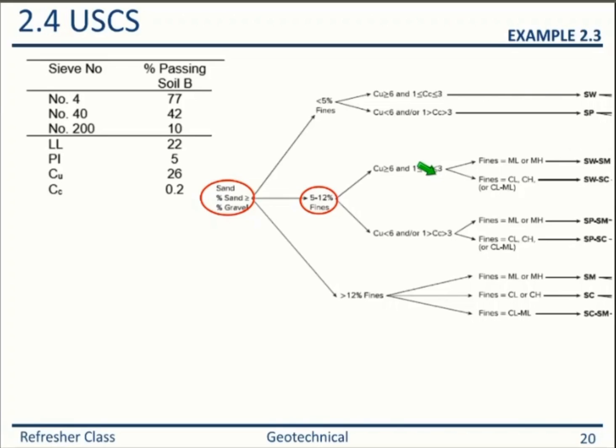If you look at here, C sub U is 26. So C sub U is greater than 6, right? Because 26 is greater than 6. That is correct. But C sub C is 0.2. So 0.2, C sub C is less than 1. Therefore, this condition is not correct.